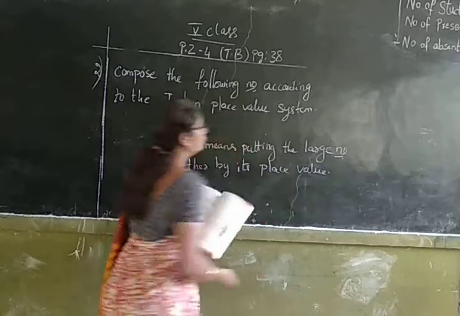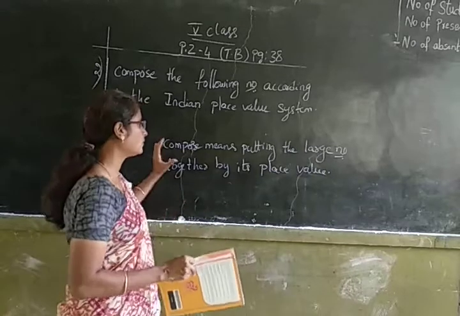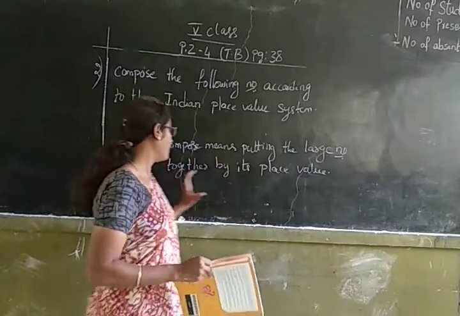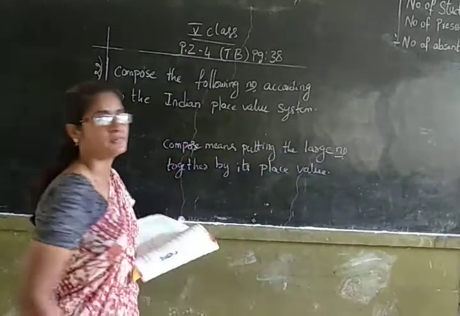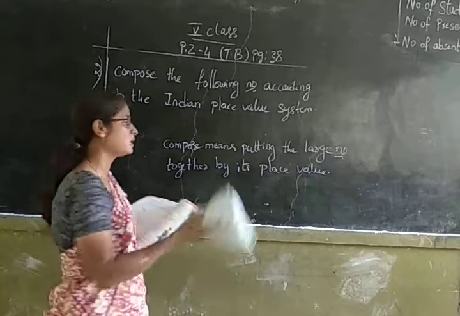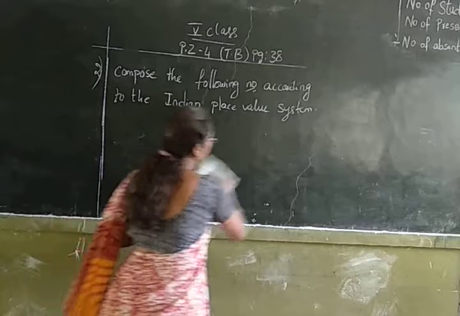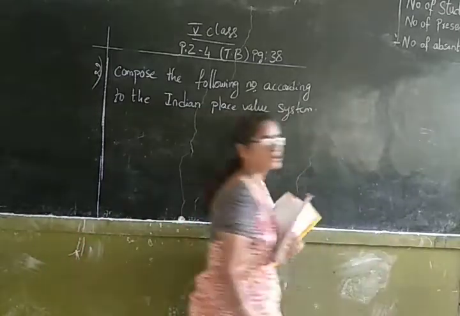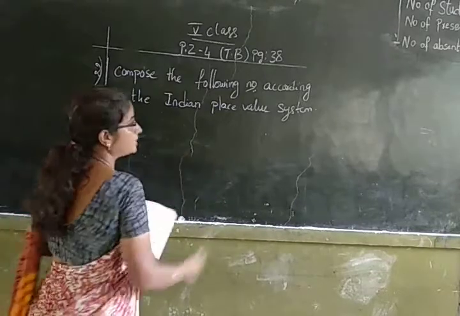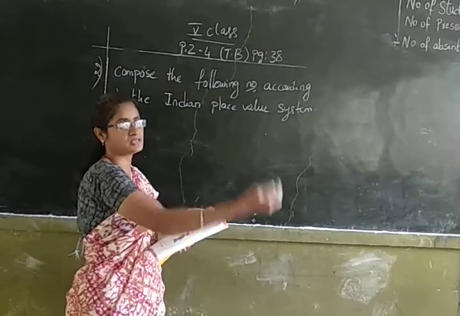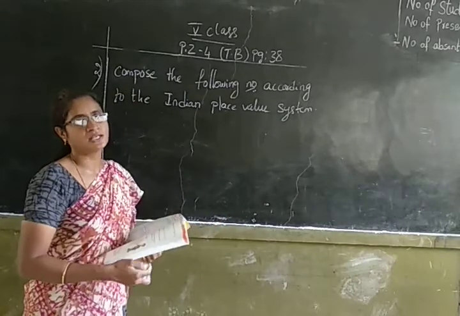Decompose means breaking down the number, whereas compose means putting the large number together by its place value. Okay, children?